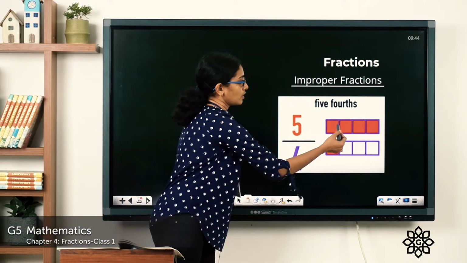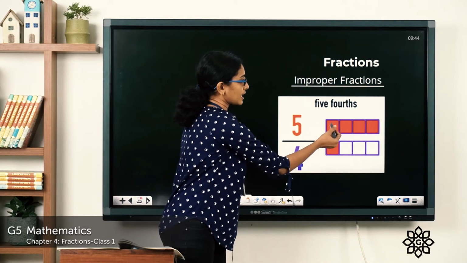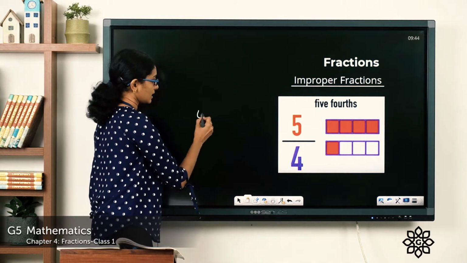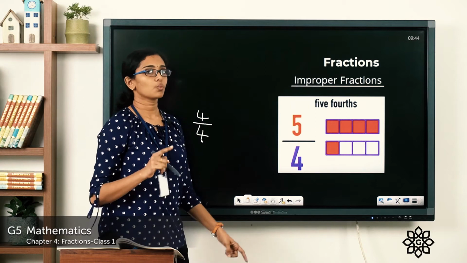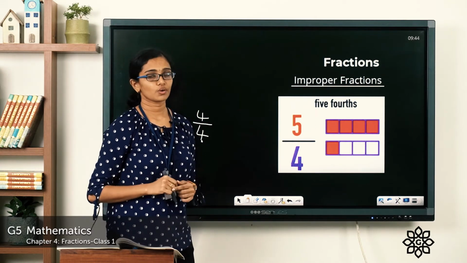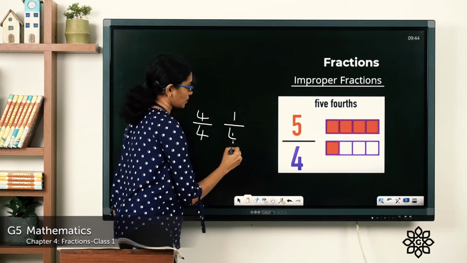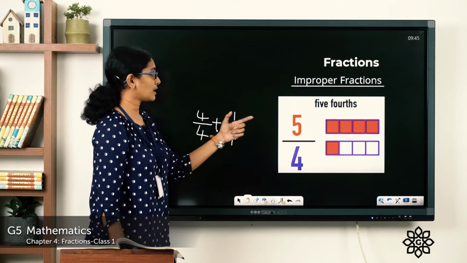We have 2 sets of squares here. In the first case, 4 by 4 of it are colored. And in the second case, 1 by 4 or 1/4. 1/4 is also called quarter. 1/4 is colored. So, what is the total fraction of the part colored here?